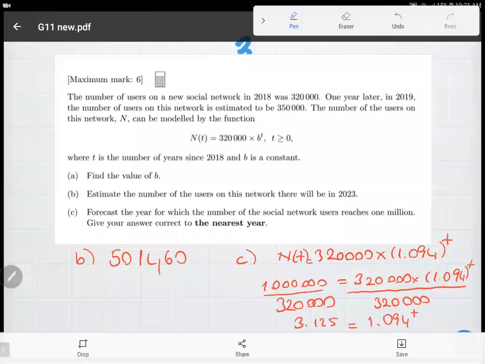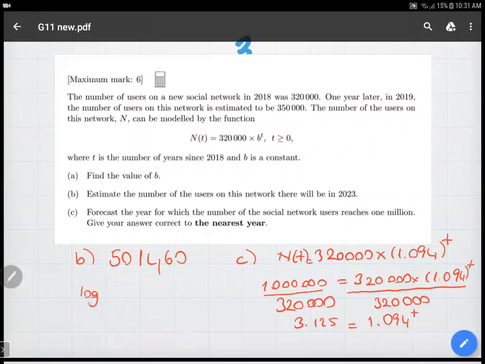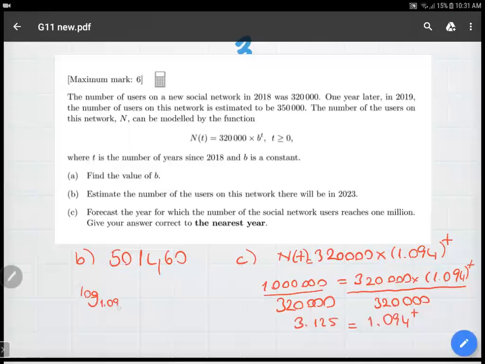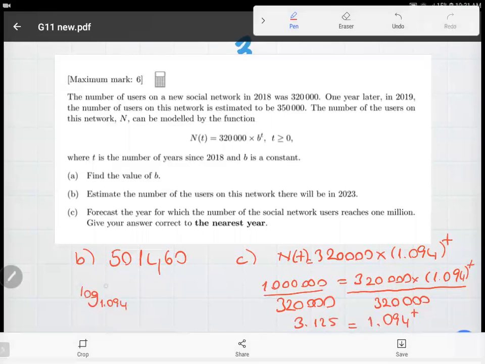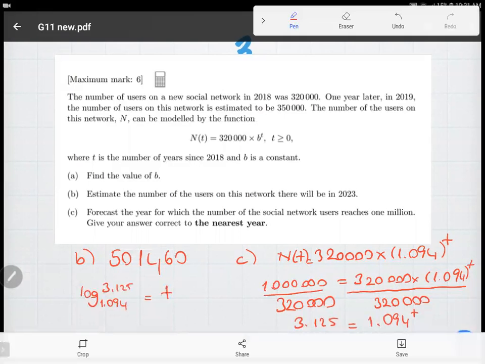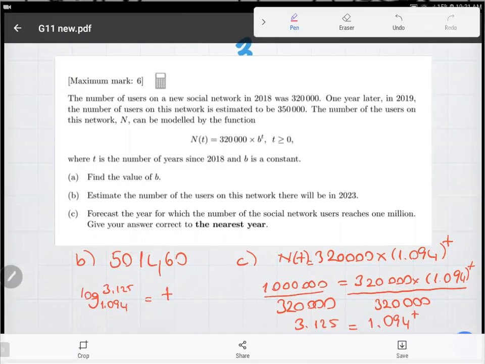Okay, so it is an exponential equation and the unknown is in the power. So to solve this equation, we need to convert to logarithmic form. So log, the base number is 1.094, of 3.125, and it is equal to the power. The power is t.